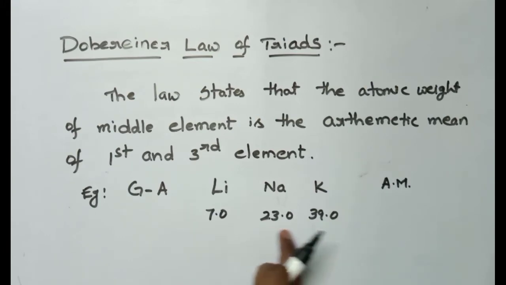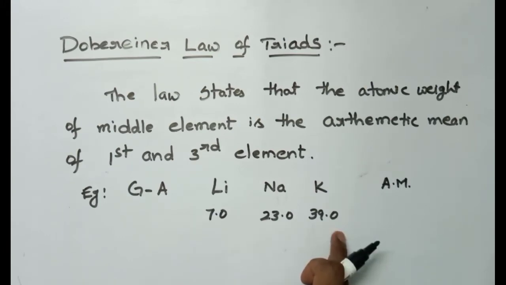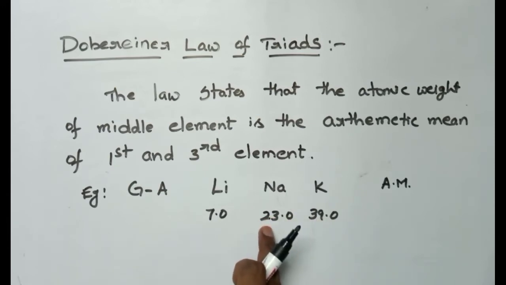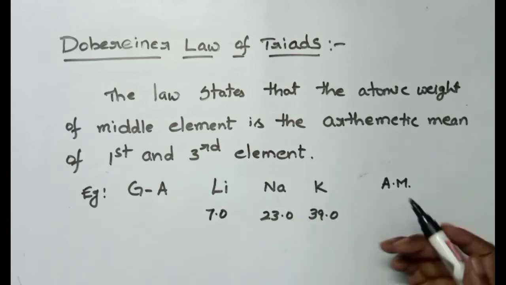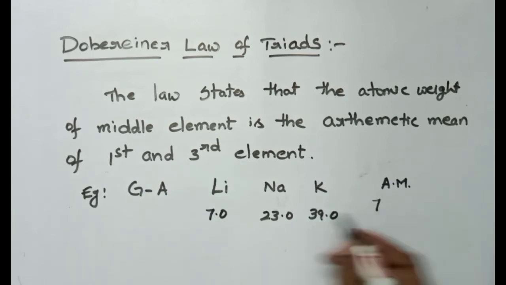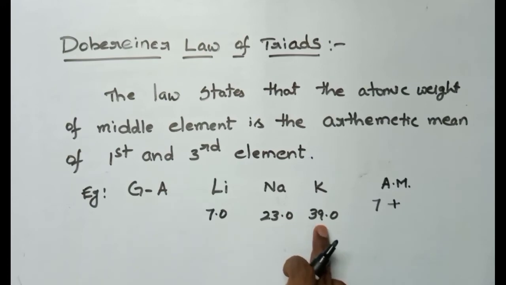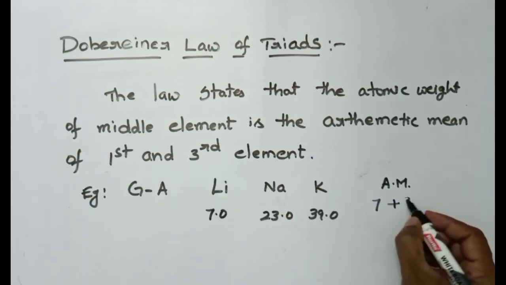Here, he arranged the elements in increasing order of their atomic weight. Now we are going to find the arithmetic mean of the first and third elements. It should be equal to the atomic weight of the middle element. Here the first element's atomic weight is 7 and the atomic weight of the third element is 39.